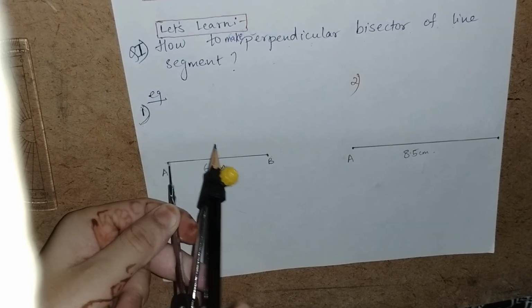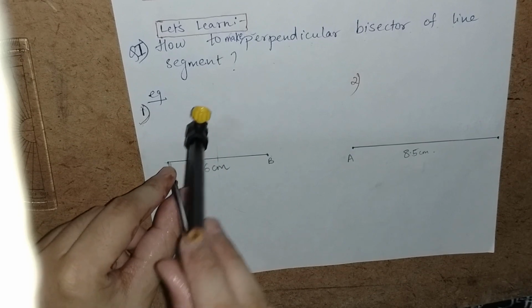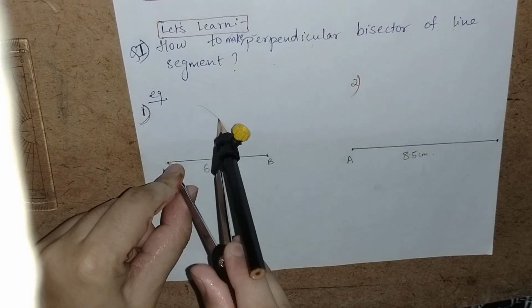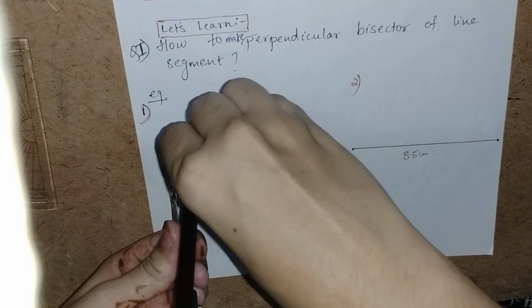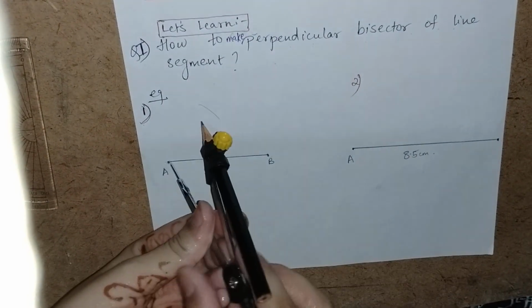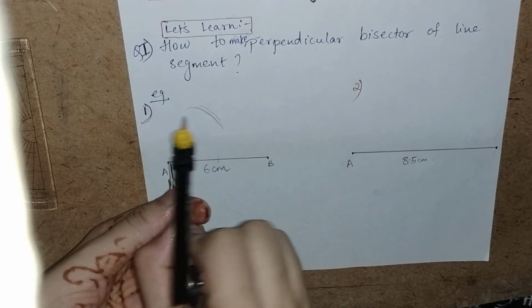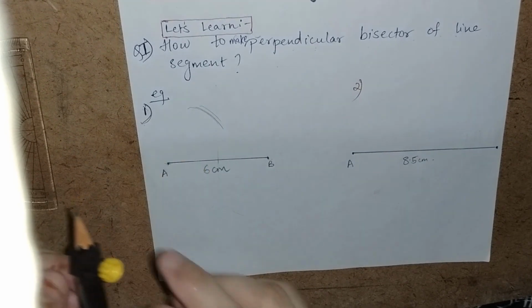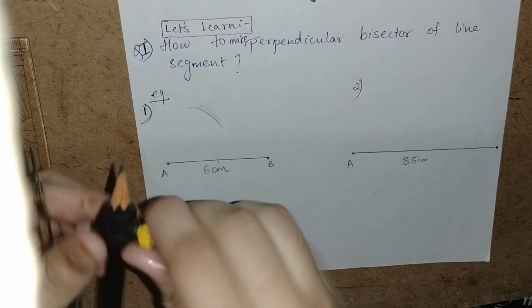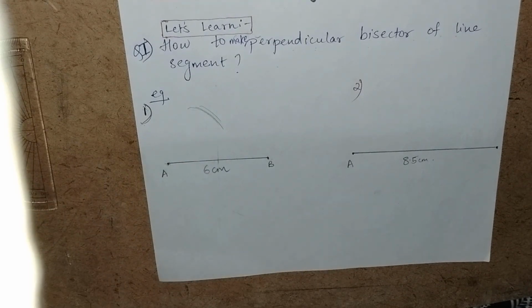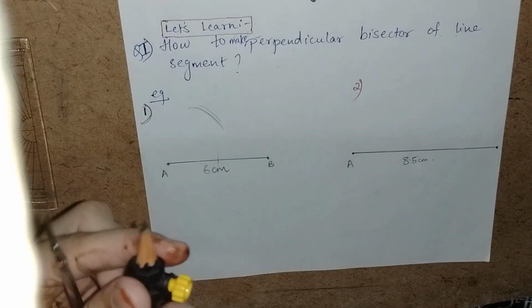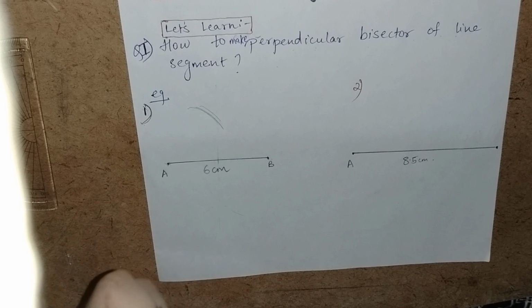Then from one end of the line segment, why is it not coming? Yes, because our pencil is not inserted properly. So insert it properly.